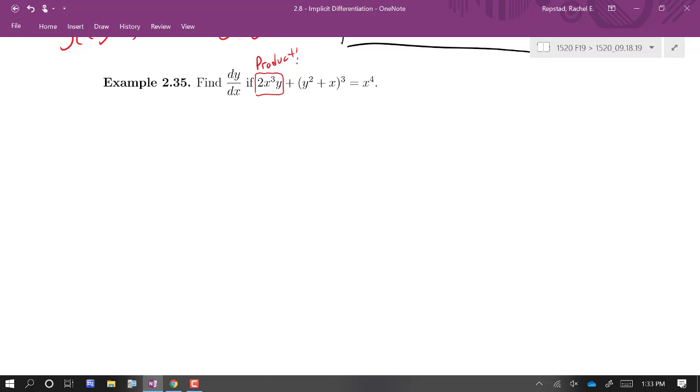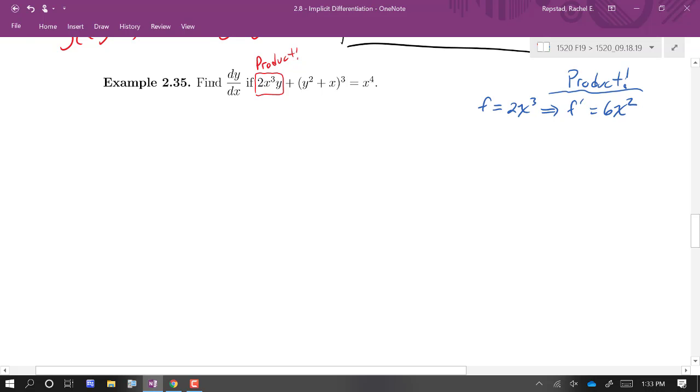So maybe let's get to work. And the right side of the equation is kind of boring because it's easy, right? So let's work on this product. What's our f function? 2x cubed. Yep. So if f is 2x cubed, what is f prime? 6x squared. 6x squared times what?